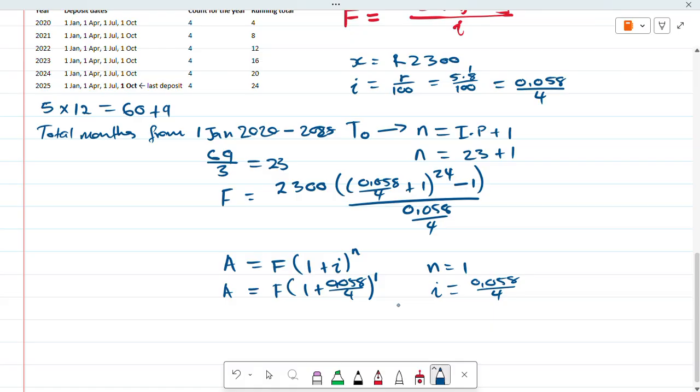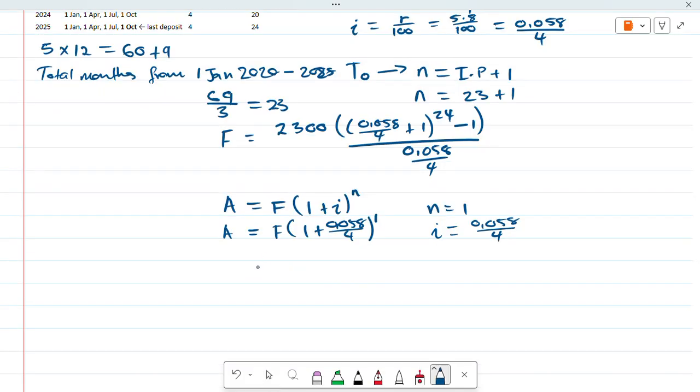When you calculate everything, this is going to give you a total of 66,411 rand 60 cents. And that's it. Cheers.